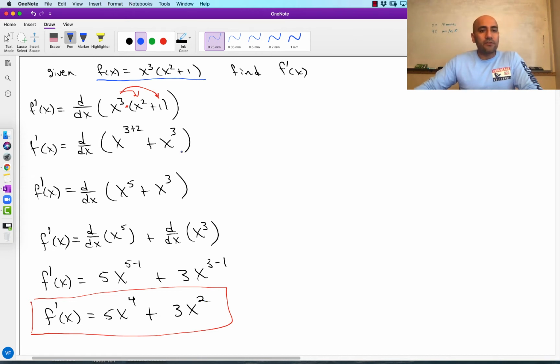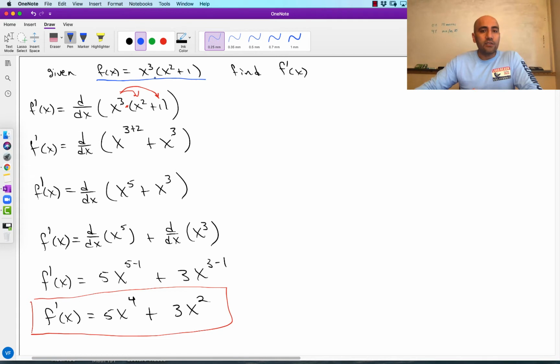Okay, but here's the goal that we're trying to accomplish. Notice that the original function given is a multiplication of what could be thought of as two separate functions. We could think of this as x cubed times (x squared plus 1). So x cubed could be thought of as its own function, and then x squared plus 1 could be thought of as its own function.